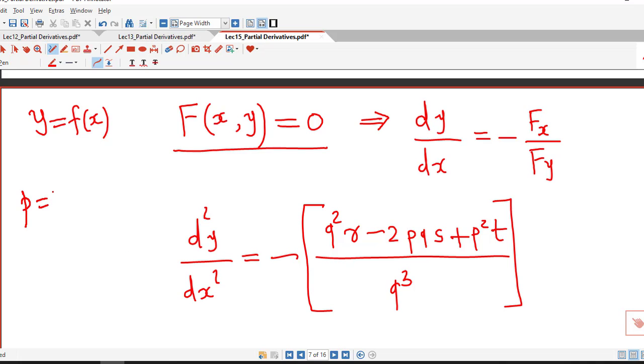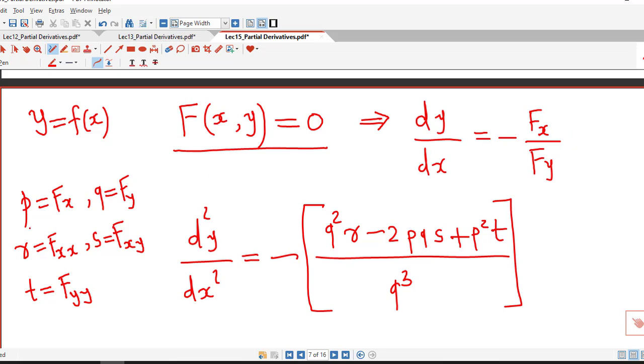where we assume that small p is del f by del x, small q is del f by del y, small r is second derivative with respect to x, small s is second derivative with respect to xy, and t is second derivative with respect to y.